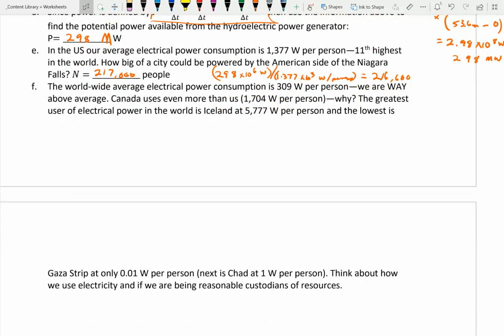Now, the rest of this question is dealing with important ideas of responsibility. The worldwide average electrical power consumption is 309 watts per person. We're way above that. Why? Well, there's easy answers and there's harder answers. The easiest answer is we're greedy here. We're very wealthy.